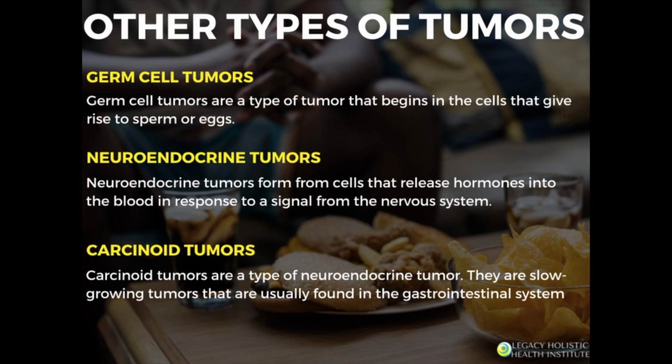Neuroendocrine tumors form from cells that release hormones in the blood in response to the signals from the nervous system. Now, these tumors, which may make higher than normal amounts of hormones, can cause many different types of symptoms. Neuroendocrine tumors may be benign or malignant.